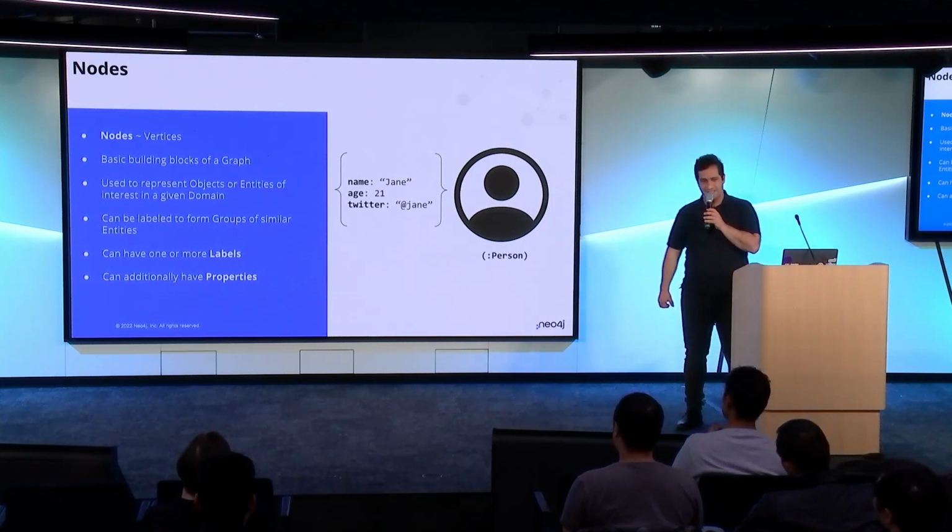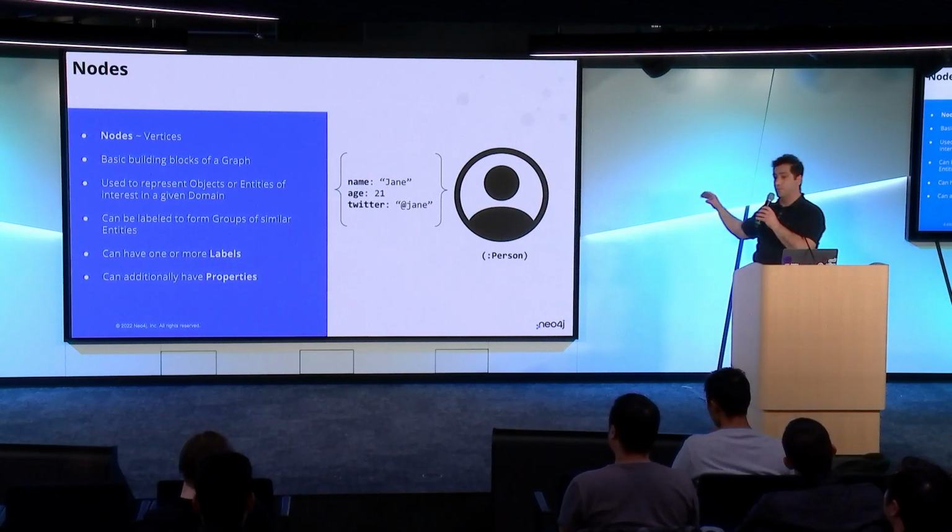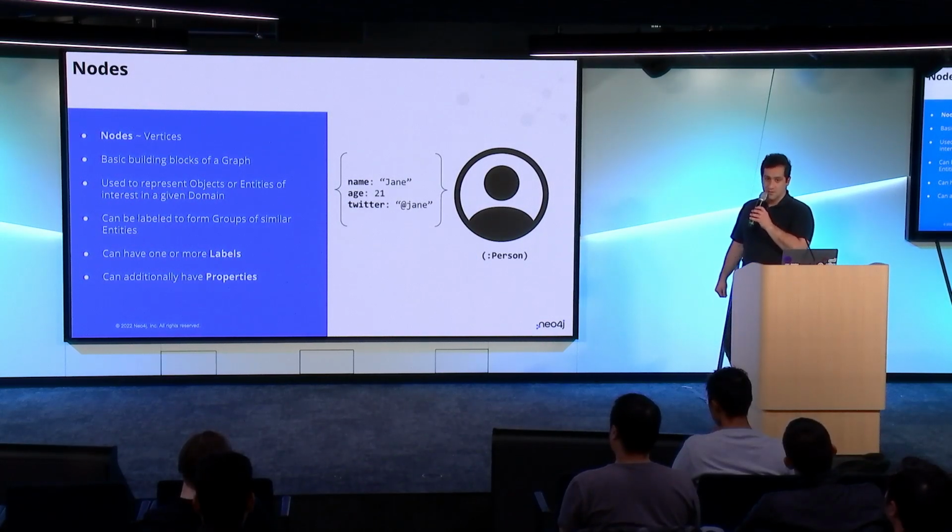A graph consists of mainly 3 elements. A node, or vertex, is the basic building block of any graph. It's wherever we store the information, and all the information we refer to as properties. If you have properties, we can bundle the properties under a label, and that label is the node.